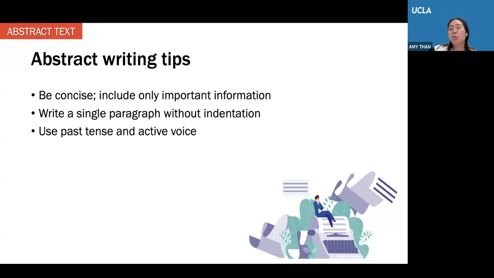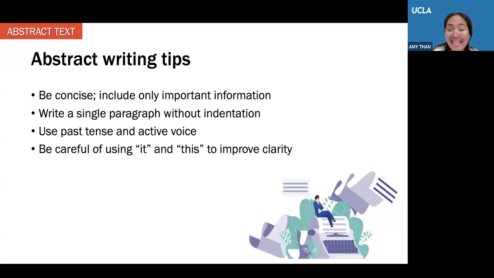Say, for example, we ran this analysis, we found these results, and kind of injecting your personality and your agency in the process of sharing this project to the public or to the showcase people. Be careful of using it and this to improve clarity. So typically, you can find these and replace them with specific words so that it's a little bit less broad.